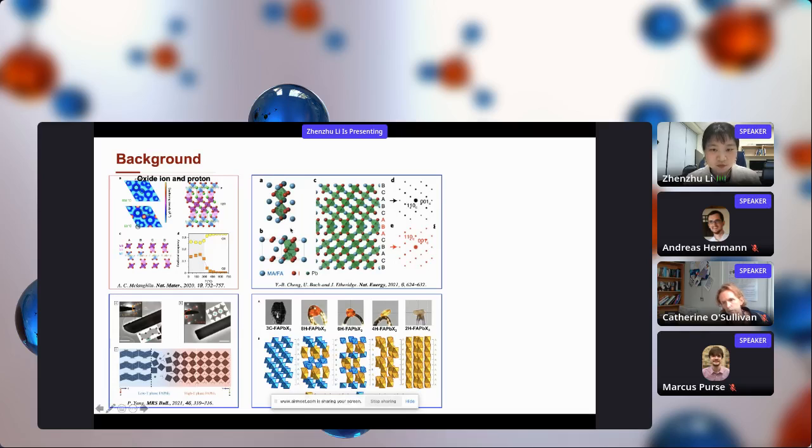In this very recent work, they synthesized the MA and FA lead iodide perovskites, and with characterization evidencing the existence of the 2H interlayer here. And also in this work, the author synthesized different polytypes of the FA lead halide, and different polytypes show different colors.